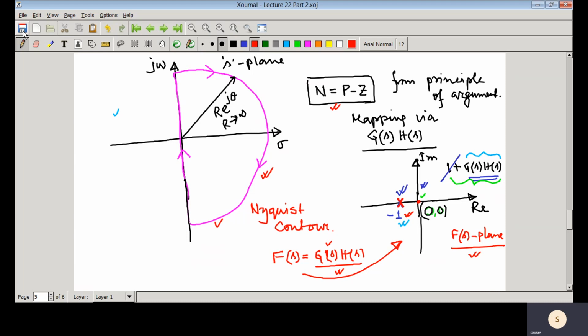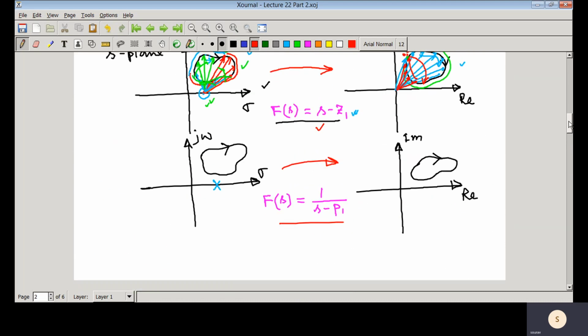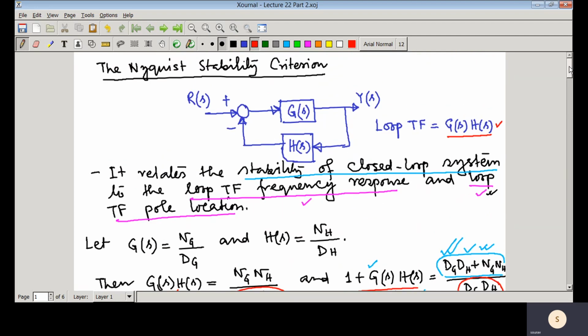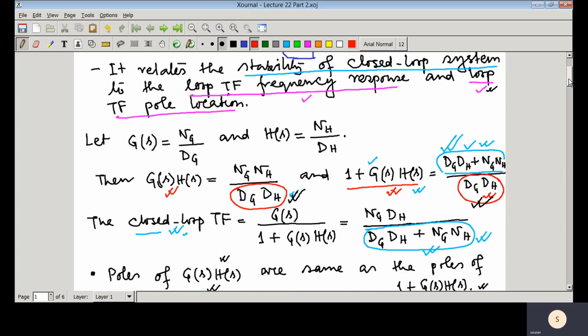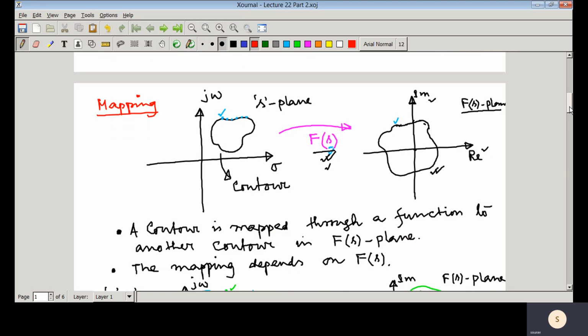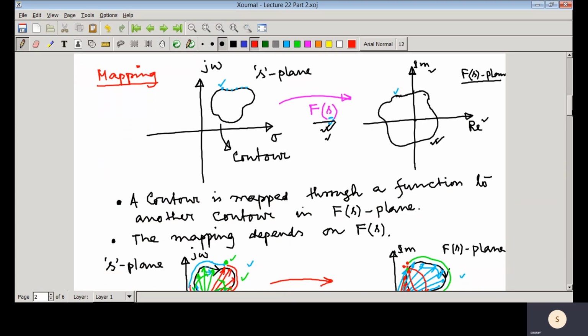So today, in this particular part of the lecture, we have discussed the poles and zeros of 1 plus g of s h of s. We have seen the poles of g of s h of s are the same as the poles of this, and the zeros of 1 plus g of s h of s are nothing but the poles of the closed loop system. Then we have discussed one interesting result of complex analysis, called the principle of argument.